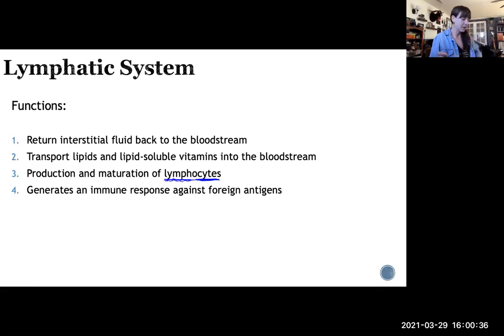Cytes are cells. It's where your immune response is generated a lot of the time against foreign antigens, a term we're going to talk about in the second lecture video. It also has the important function of returning body fluids to the bloodstream.